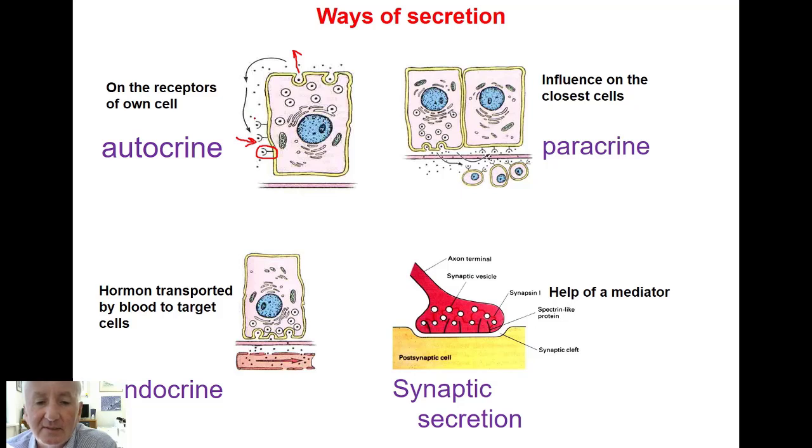When it influences its own cell, we call this autocrine secretion. On the second picture you see that the hormones are released by exocytosis from this cell, and these hormones influence the closest cells, just near the cell producing the hormone.